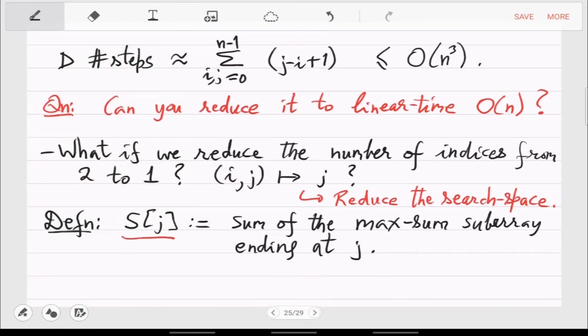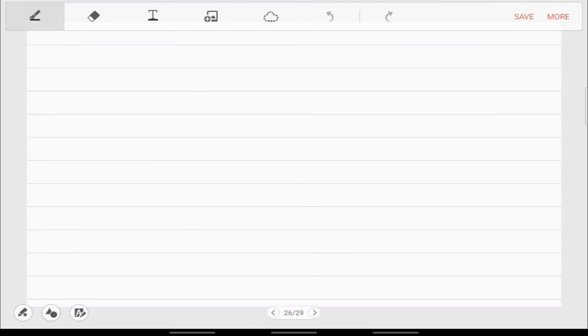That's still within our linear time demand. So the only question left is, can we calculate this S array also in linear time? Because by the definition it doesn't seem so. So we have to see how this is evolving as j increases. So let's see an example.